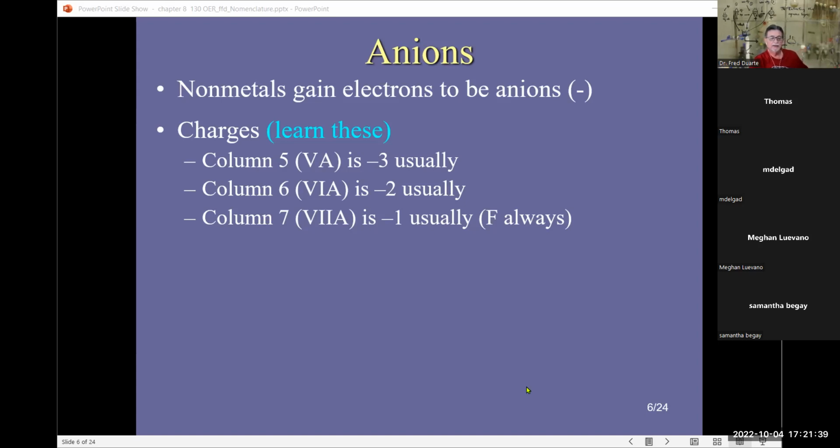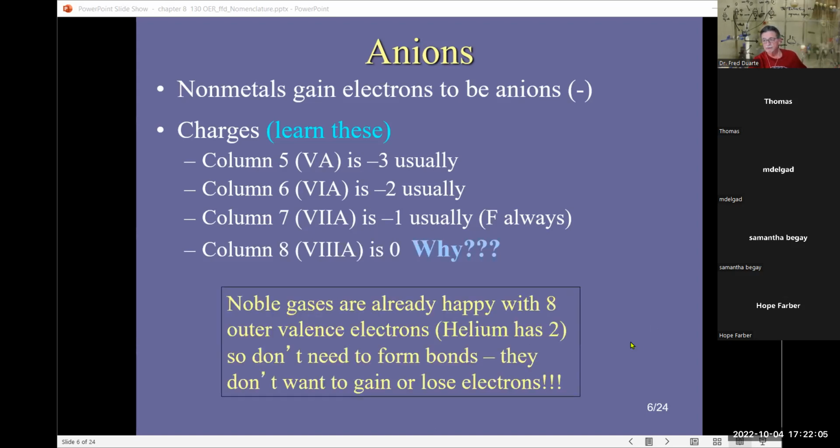Fluoride, being the most electronegative element, will always at all times have a -1 charge. The other ones can vary, but in general, all the halogens in group 7 will always gain 1 electron. And obviously we know about the noble gases, they're not going to gain anything. They're already at the 8 mark.